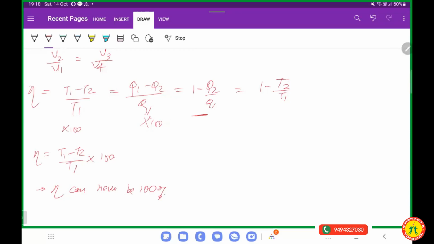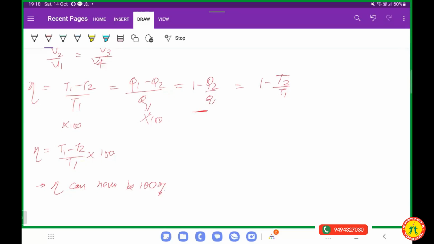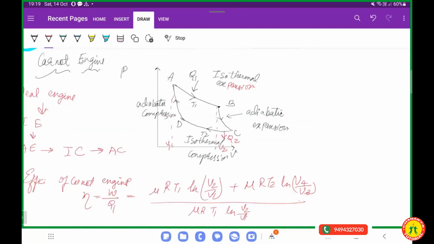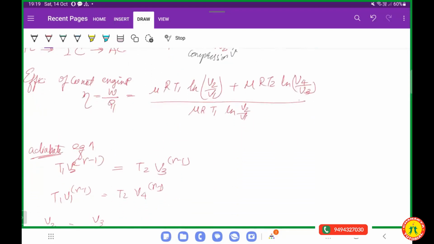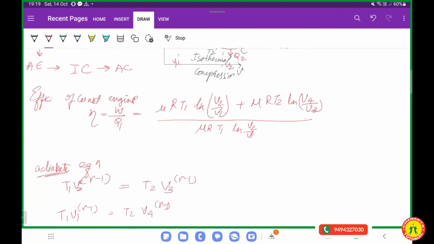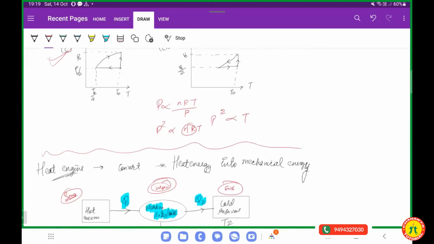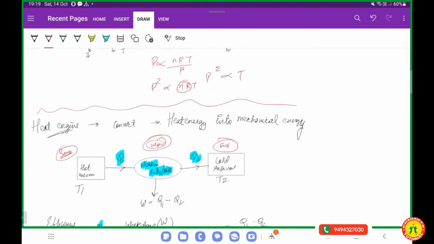The reason behind this: if I want to make this 100%, then the change of temperature should be zero while compression. It is not possible. If it is zero, then there is no compression back. Where is our heat engine's sink? Yeah, T2. T2 should be zero.